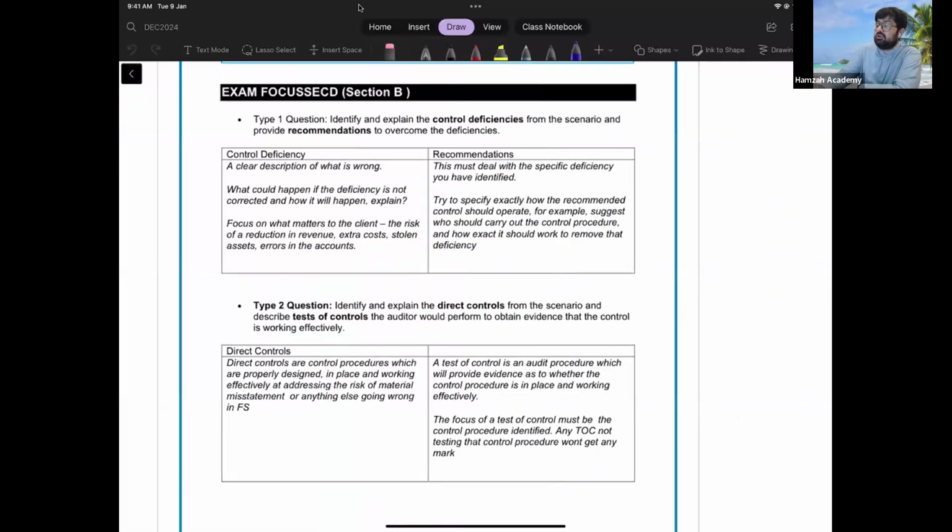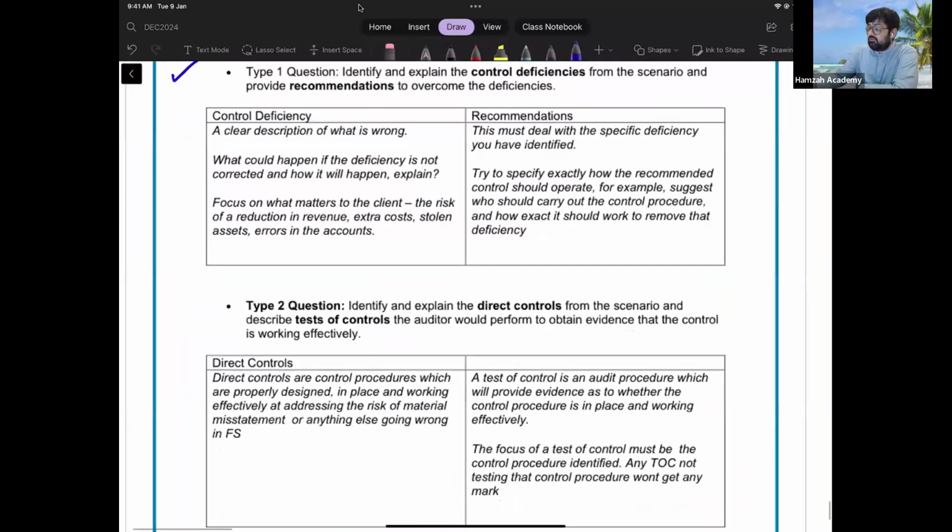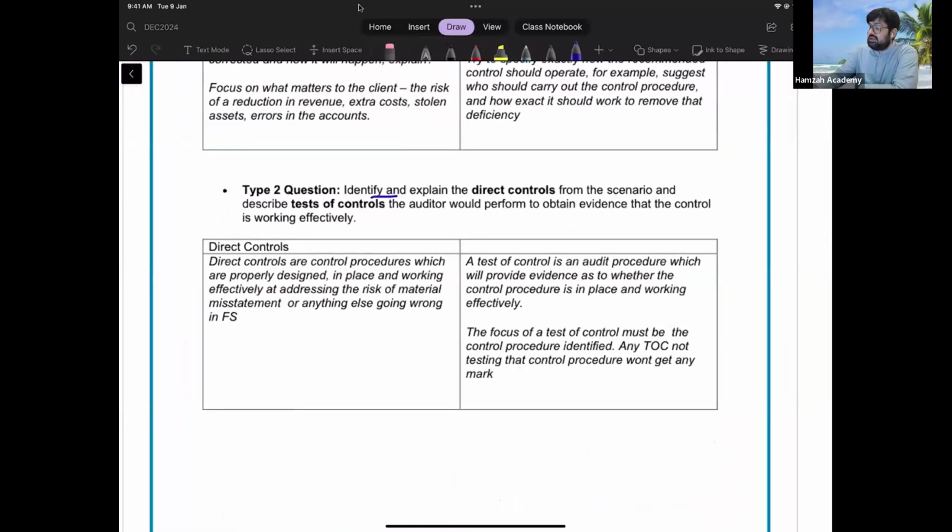There are two types of scenario-based question. In the exam, they ask you to identify and explain direct controls. Two requirements are there: identify and explain direct controls, first of all.